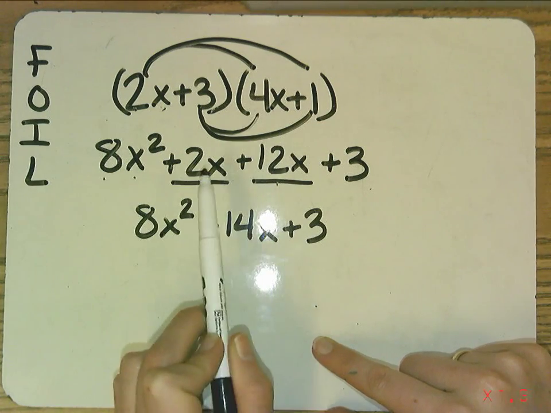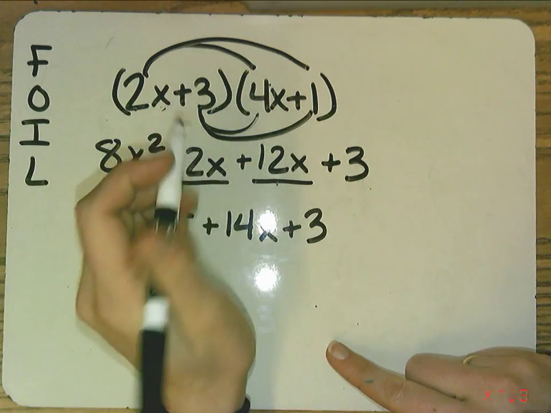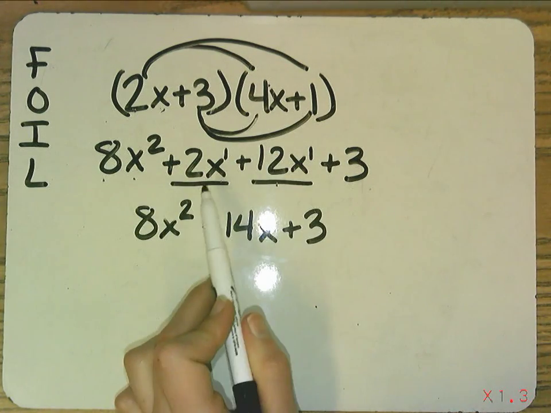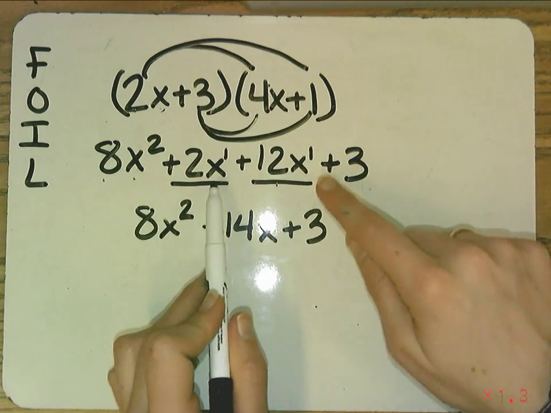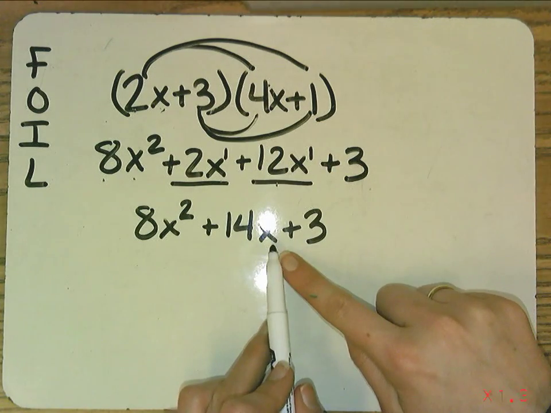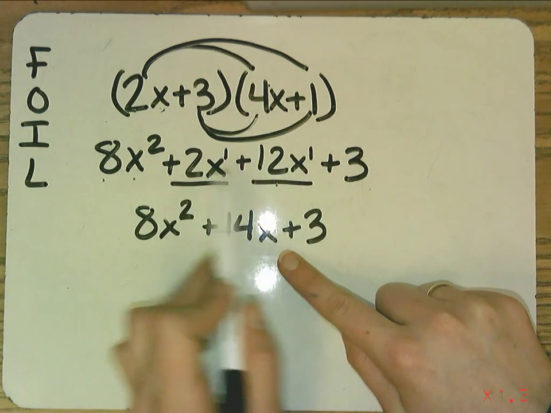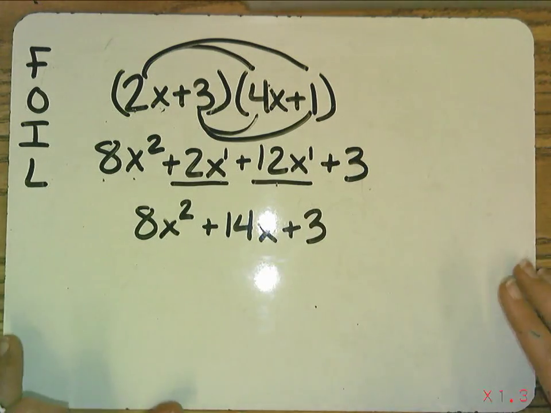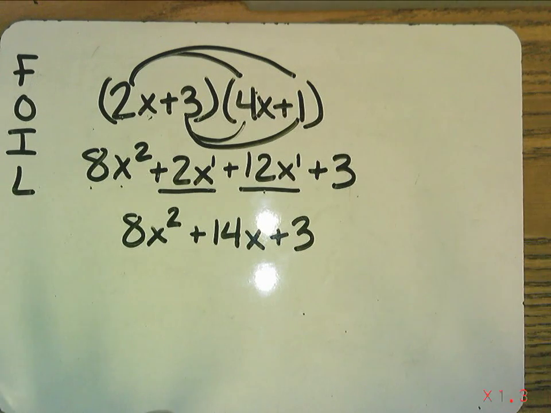Both of these terms have x to the power of 1, and I'm adding them. I'm not multiplying them anymore. So to add my like terms, my variable is just along for the ride, and I add my coefficients. So 12 plus 2 gives me 14. So those are really common areas that people make those mistakes. Don't be one of those people.